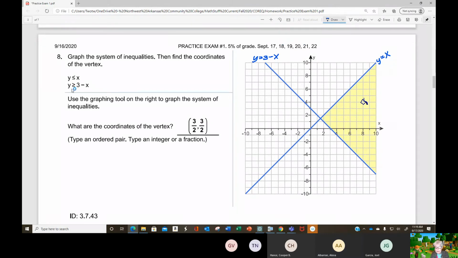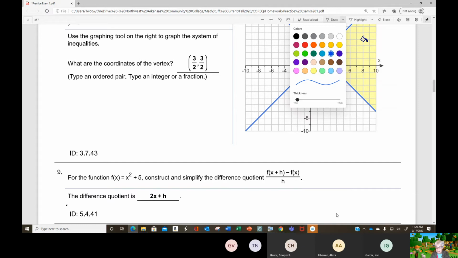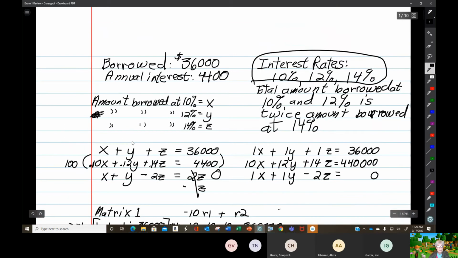Here are the two inequalities. Inequalities means you have to have shading. Now this would be a lot easier if you do this on your own paper first. So I'm going to do that. In fact, I'm going to come over here and do that. So let me look and see what this is.